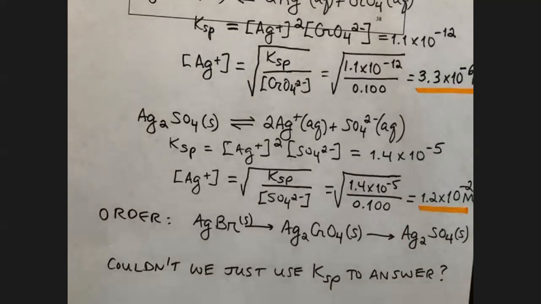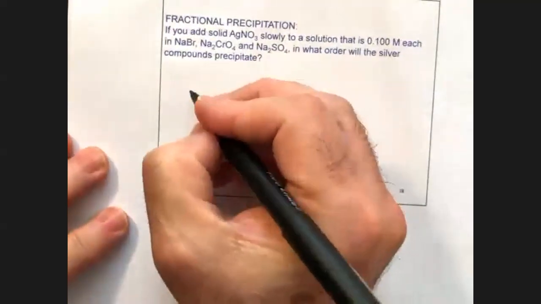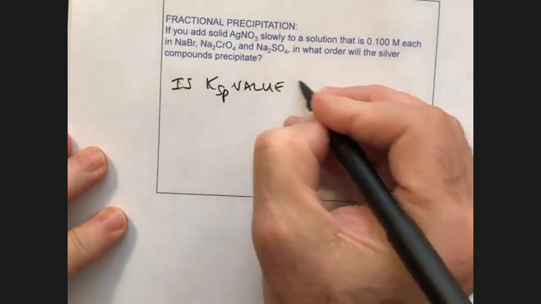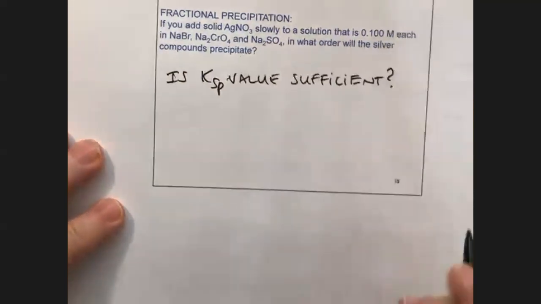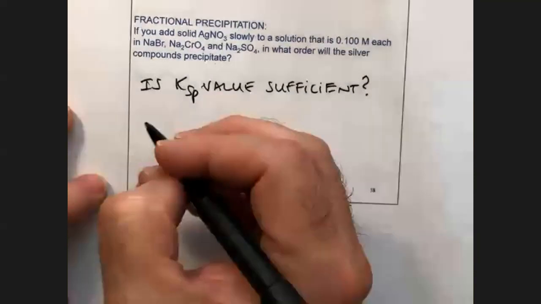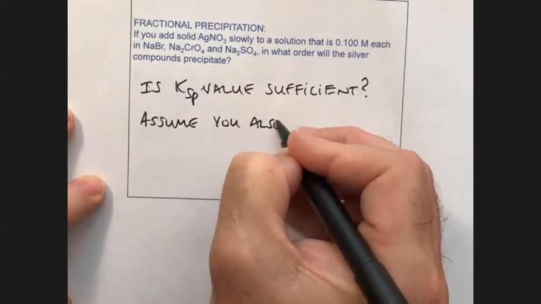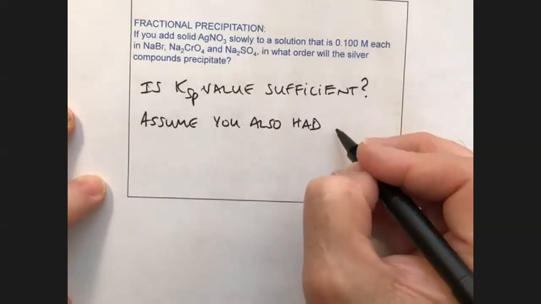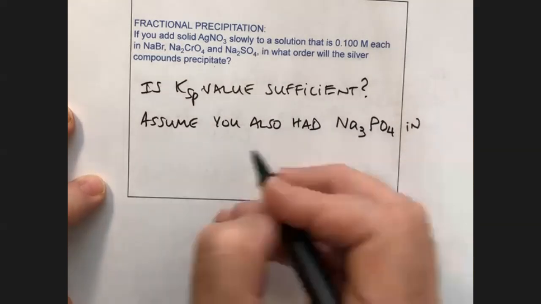I'm gonna bring another copy of this here. So the question we're asking is, is the KSP value sufficient? Well, let me give you an example. Assume that you also had sodium phosphate in the solution.